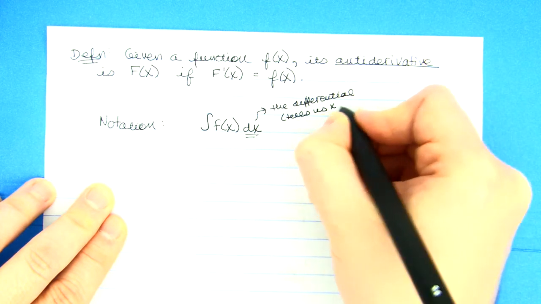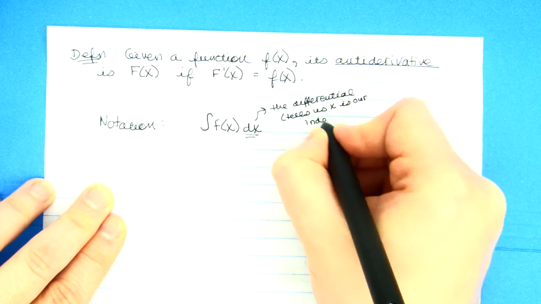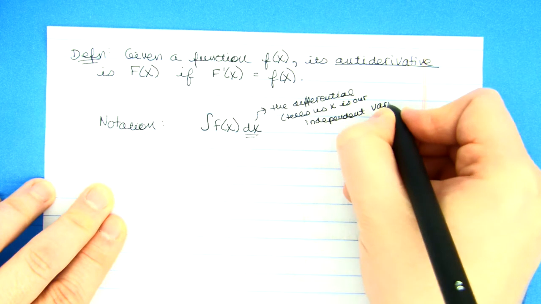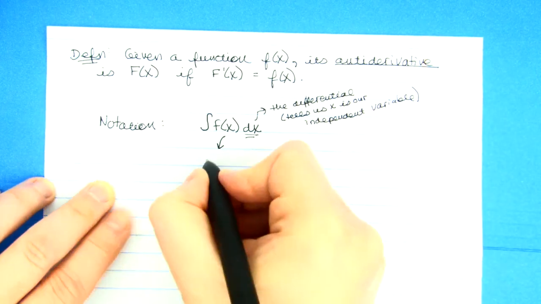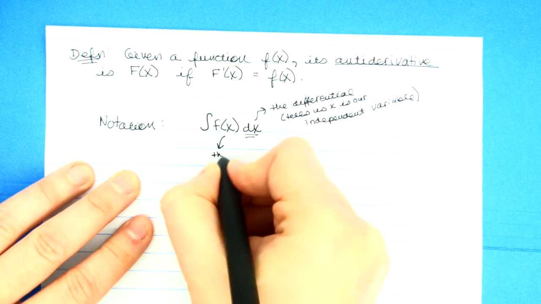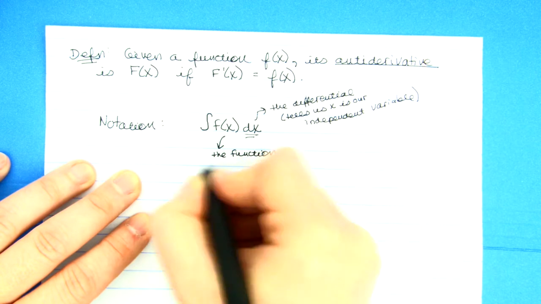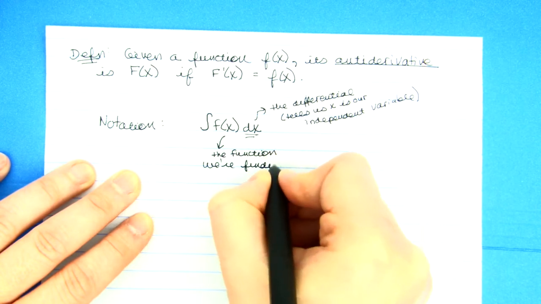Tells us that x is our independent variable. This thing over here is the function we're finding the antiderivative of.